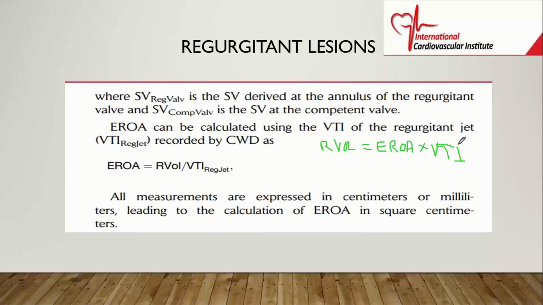You can calculate or measure the VTI, and the EROA is the thing you don't know. So the EROA is equal to the regurgitant volume divided by the VTI. So you can use Doppler to calculate regurgitant volume, regurgitant fraction, and EROA.